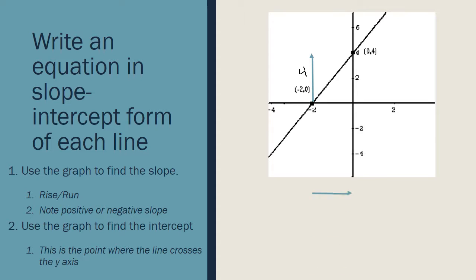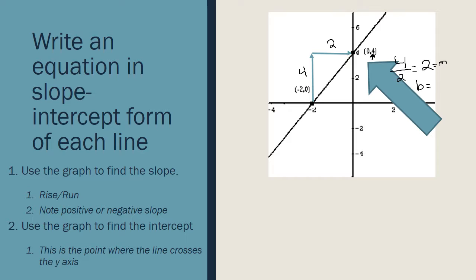Then my run, I'm going from -2 to 0, so my run is 2. Remember, it's rise over run, which we then simplify to 2. So now I have my slope. This is my m. The next thing I need is my intercept, my b. Intercept is where it intercepts the y-axis, which I've already labeled here. So the intercept is this number right here, or where does it cross? And so my intercept is 4.